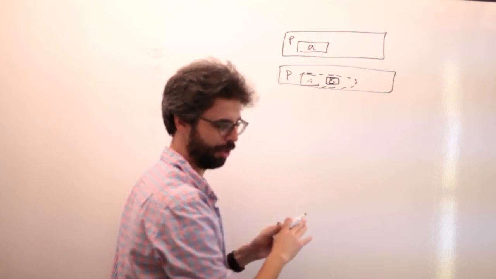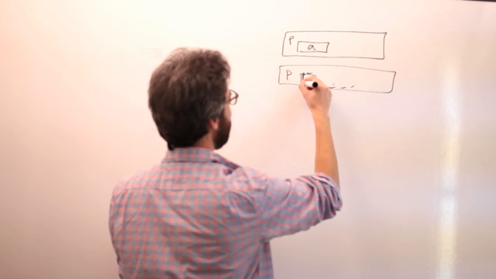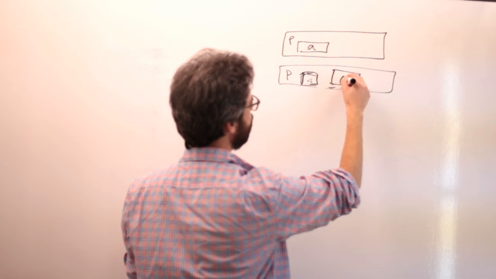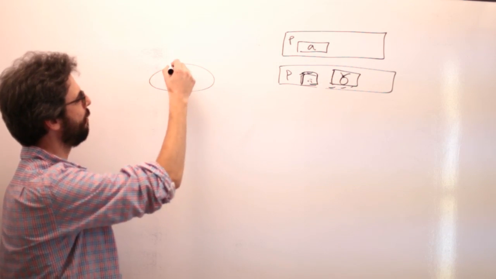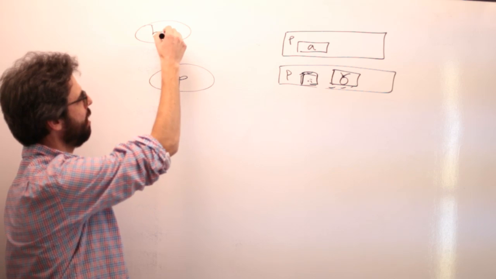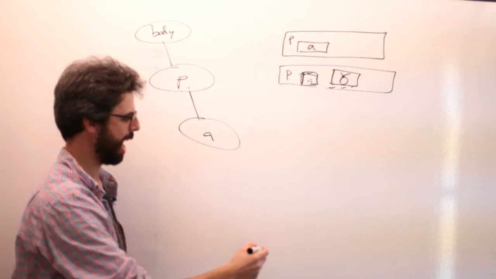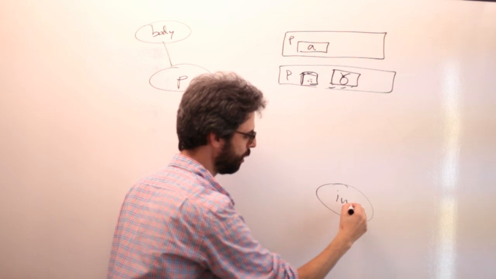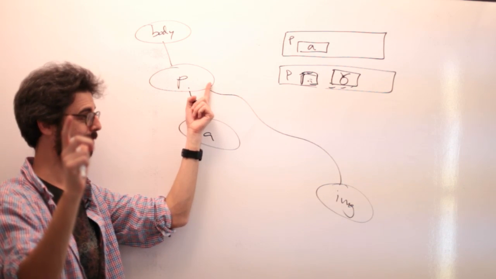But what I want to do is take that image and insert it as part of the paragraph. Paragraph is a child of body. Anchor is a child of paragraph. And my new image, I want to insert as a child of paragraph.